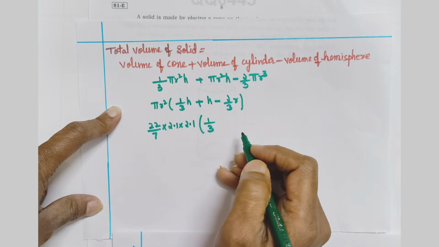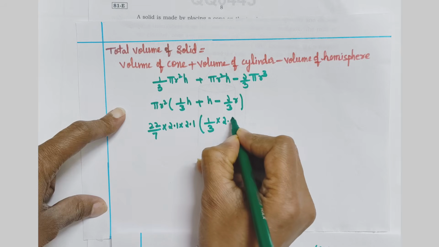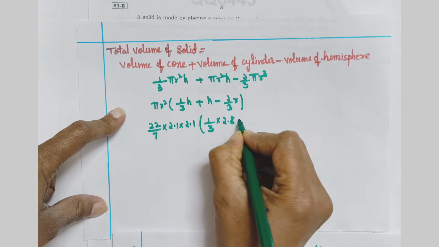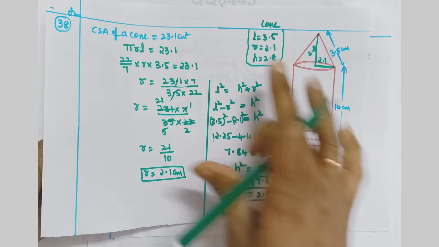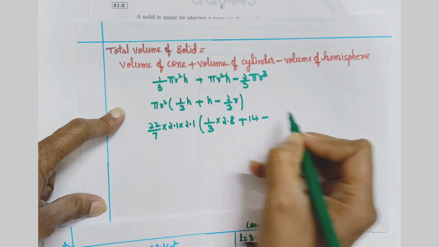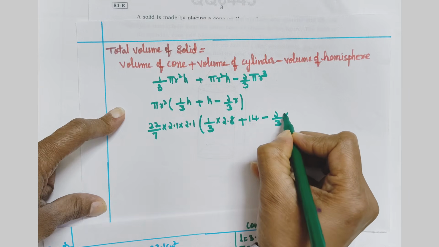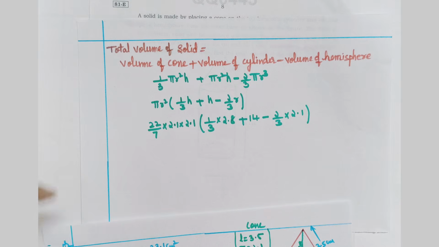So 1 by 3 into 2.8. First one is the cone. Plus cylinder height. Cylinder height is 14. Second one is a cylinder. Minus 2 by 3 into radius 2.1. Now this simplified means you will get the answer.